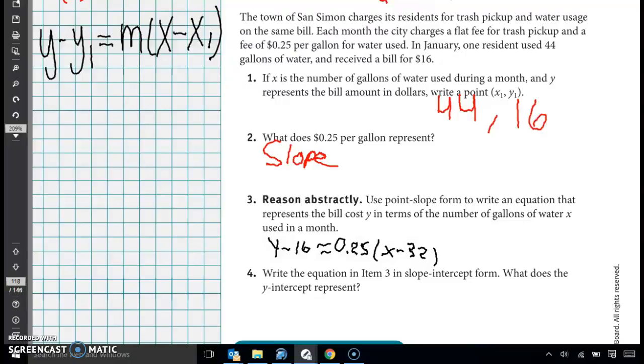Right, 44. Alright, so 44, why 44? That's our x coordinate for our point. It's our x1, which we said was 44 because it's the number of gallons of water used during that month.